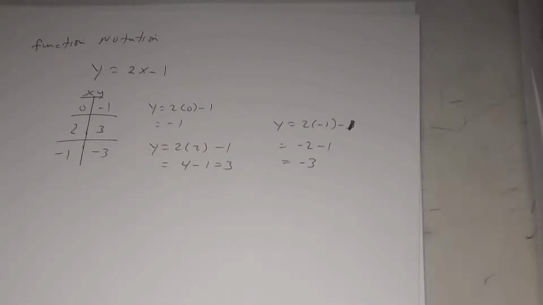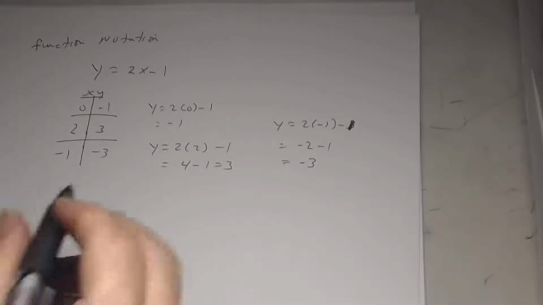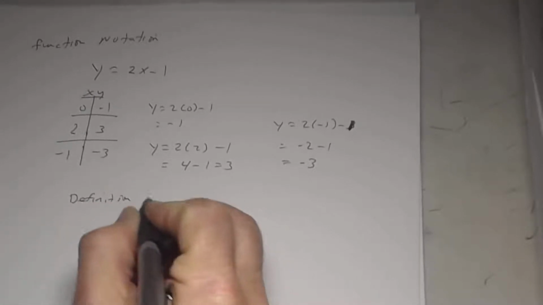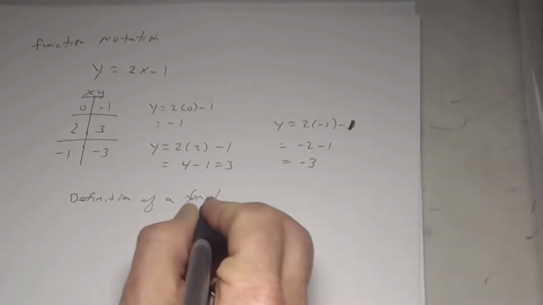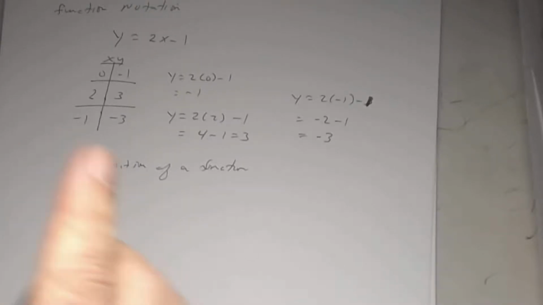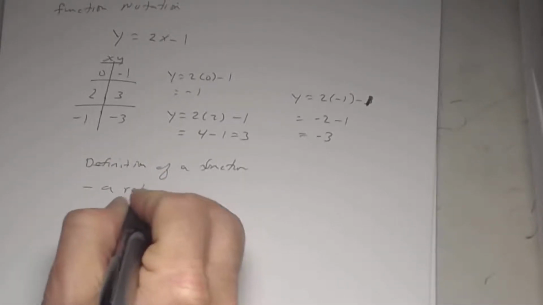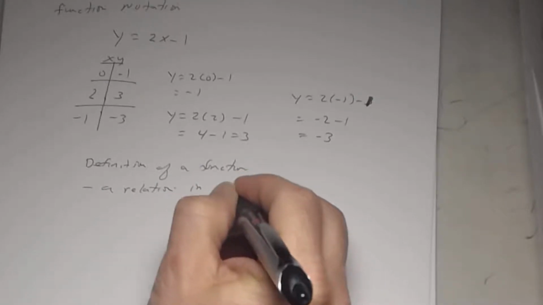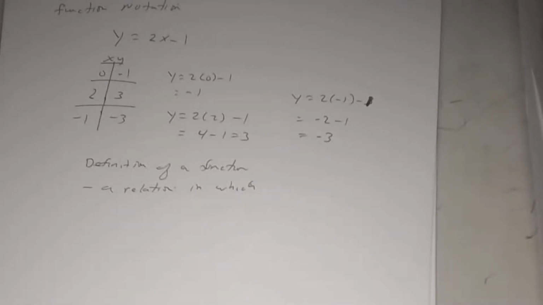Now, in this course, you spend very little time on functions. In the next course, almost everything is functions. So let's talk about what the definition of function is. So a function is a relation in which... now a relation is a set of ordered pairs.